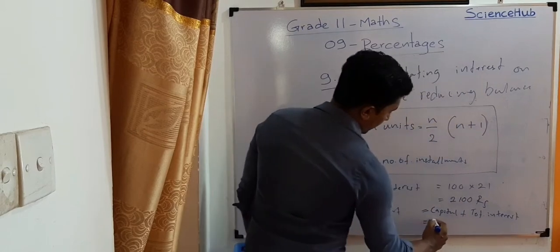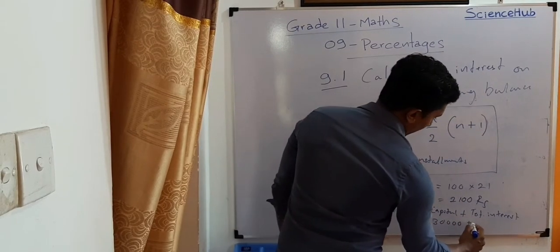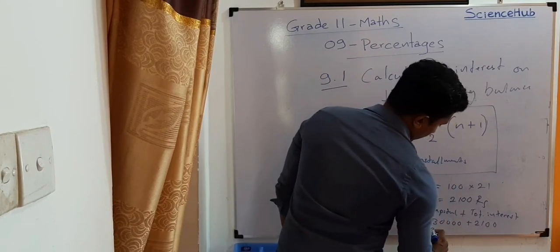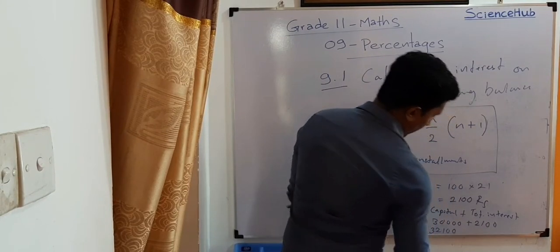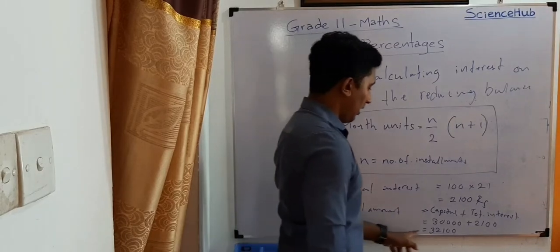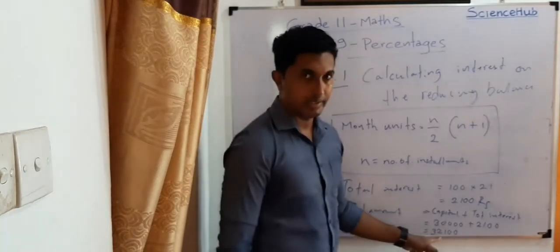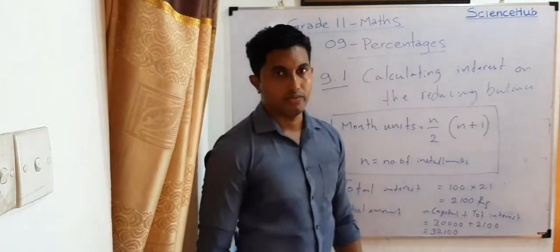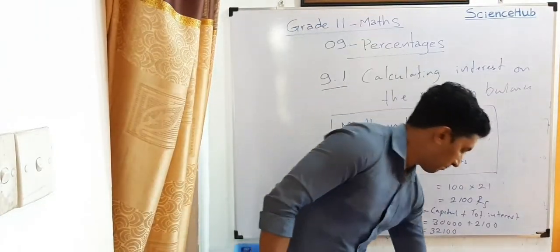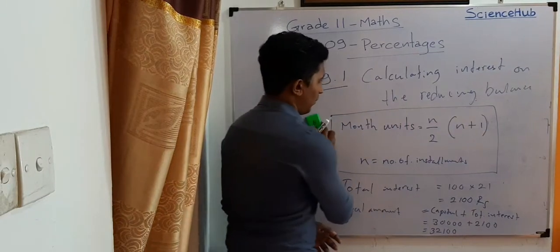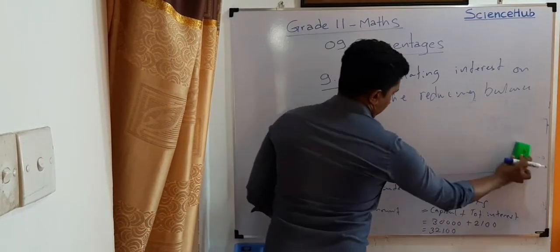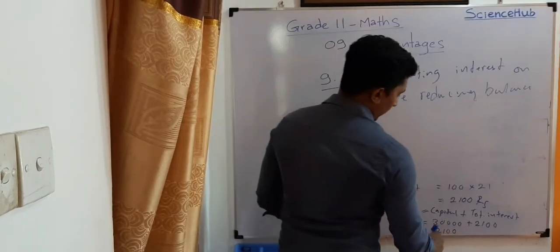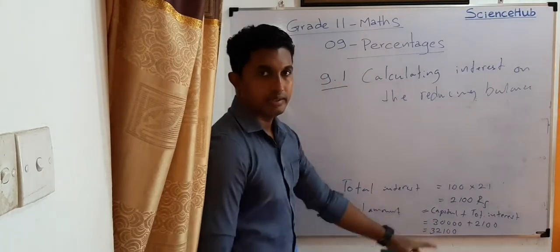The capital is 30,000 and the interest is 2,100, so 32,100 is the total amount he should pay. Then to find one installment, we divide this 32,100 by 6.